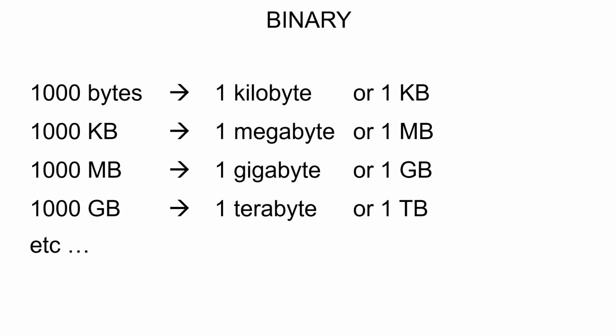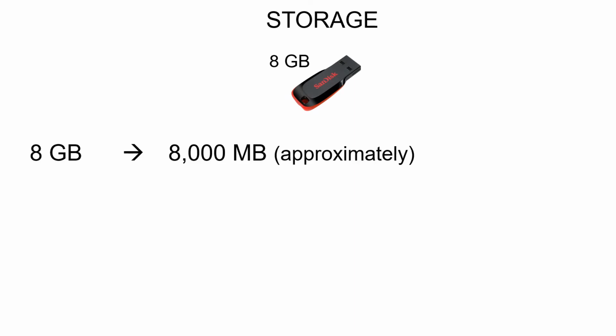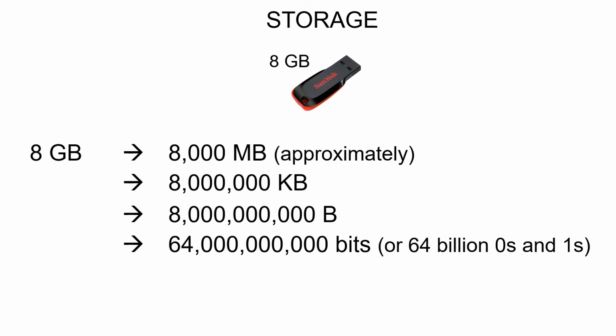So let's go back to our example of storage. Let's take the 8 gigabyte flash. When we say a flash stick is 8 gigabytes, we're saying it's approximately 8000 megabytes, which is approximately 8 million kilobytes, which in turn is approximately 8 billion bytes, which is approximately 64 billion bits, or 64 billion zeros and ones.